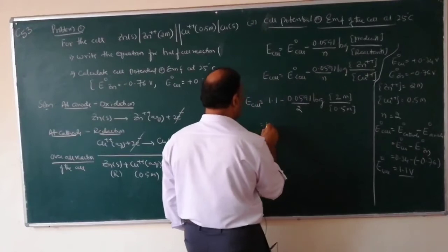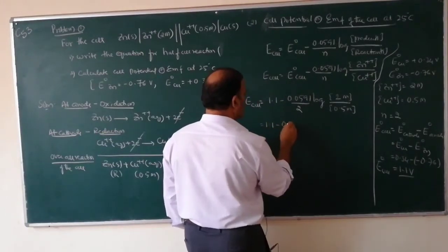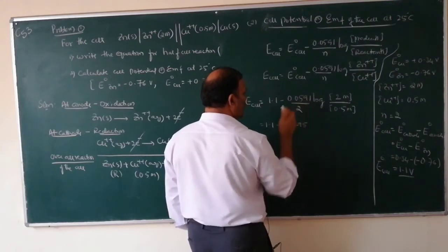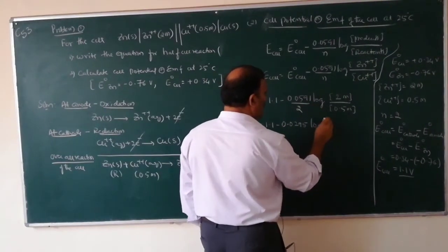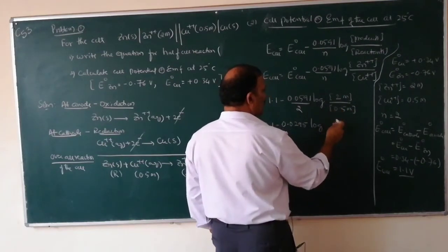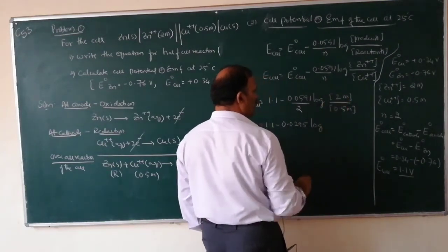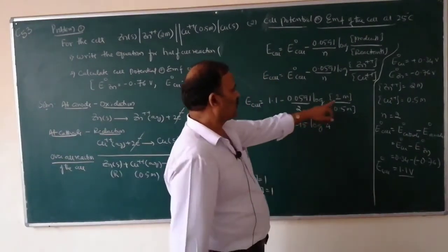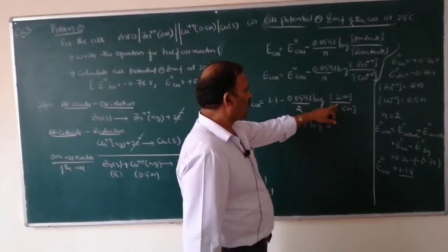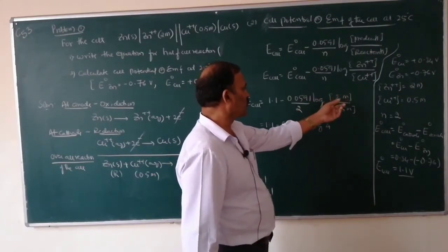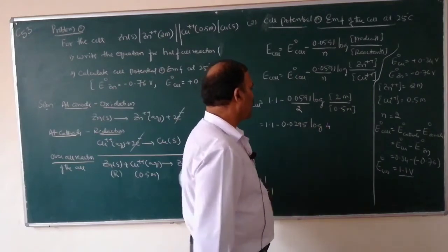So this is 1.1 minus 0.0295 log of 2 divided by 1 by 2. 2 goes to the numerator, 2 into 2 is 4, so it becomes log 4.